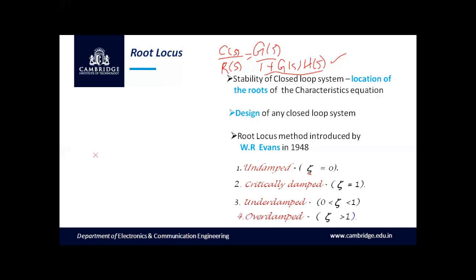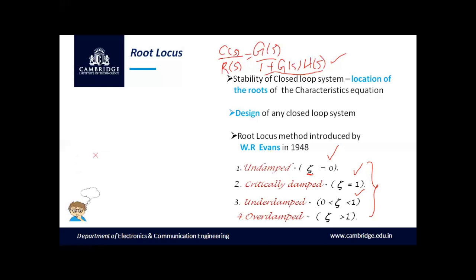And when zeta is greater than 1, we call it overdamped condition. And we have also discussed that based upon the change in value of zeta, that is a parameter of interest, we could see the movement of the poles in the S-plane.